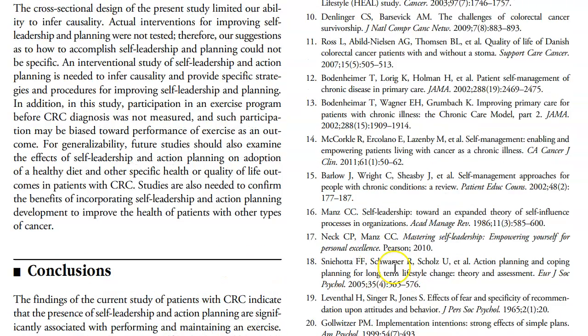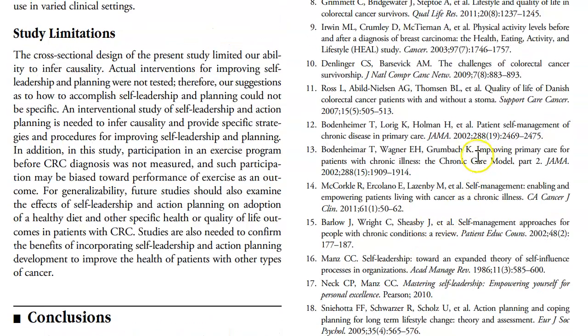Now, some of those are classic articles. An example would be Improving Primary Care for Patients with Chronic Illness, the Chronic Care Model Part 2. The Chronic Care Model was published around 2002, so the landmark study for that is in 2002. That is acceptable.